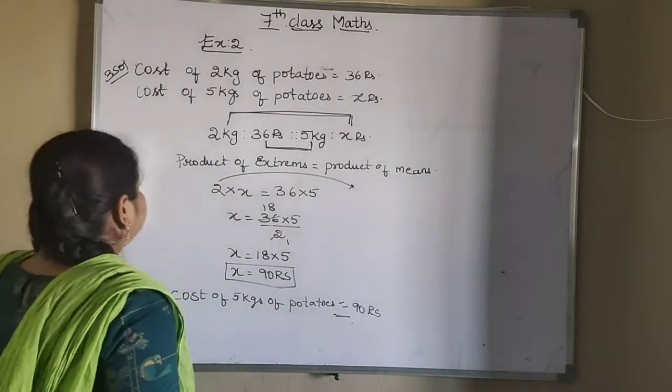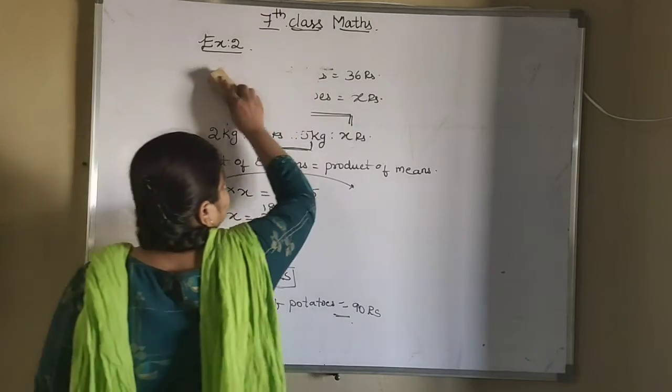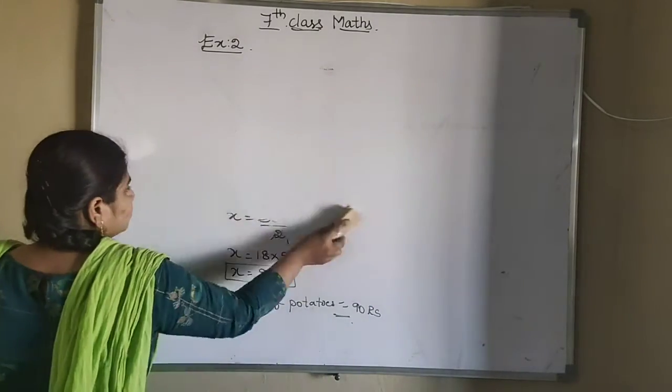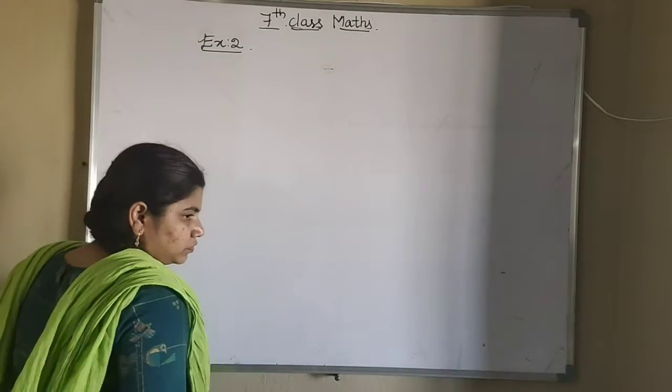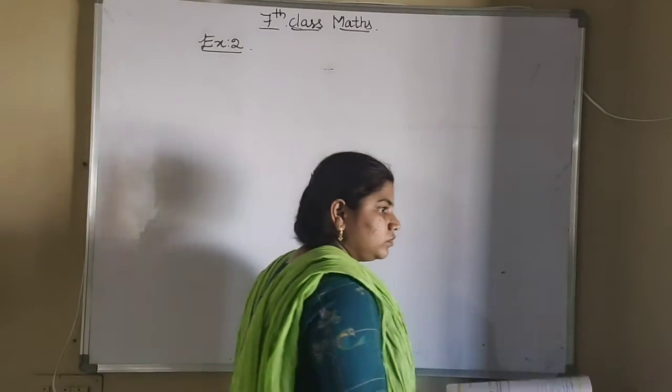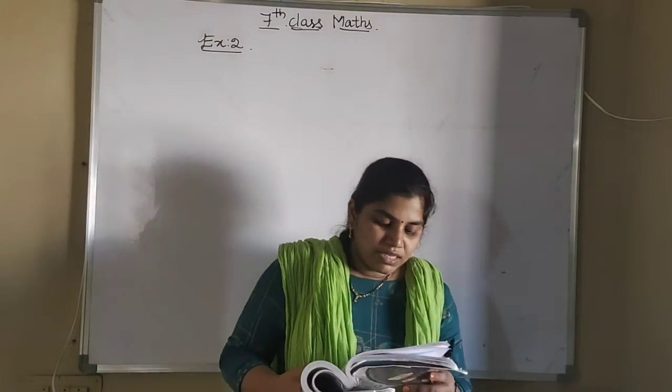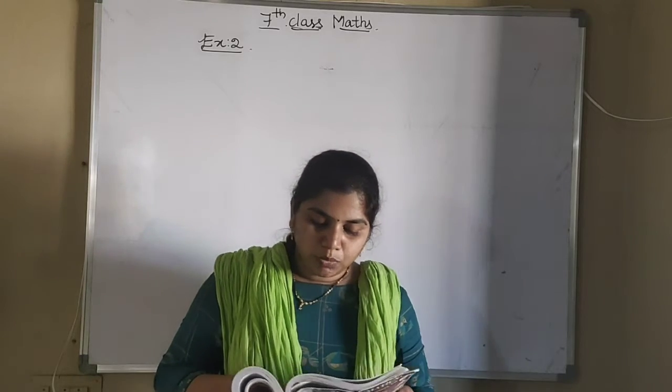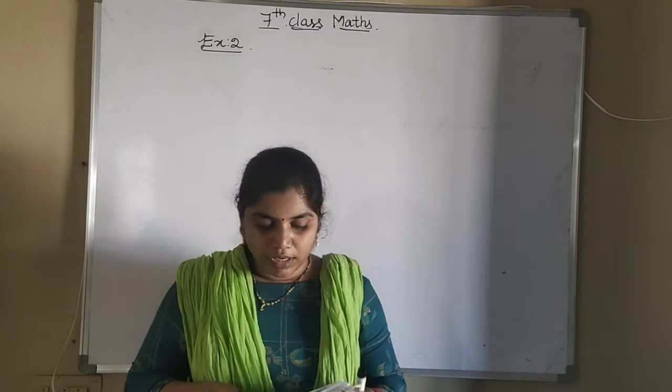So next one. Physics tells us the weight of an object on the moon is proportional to its weight on earth.